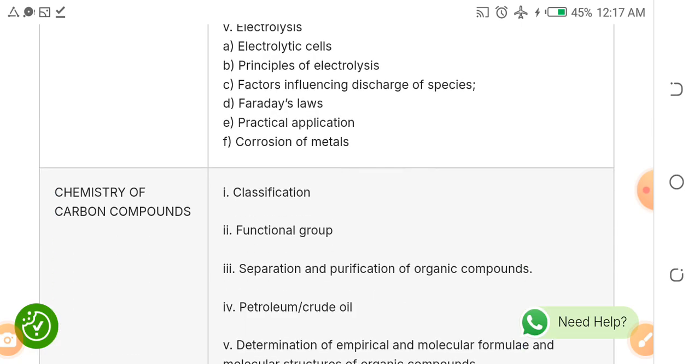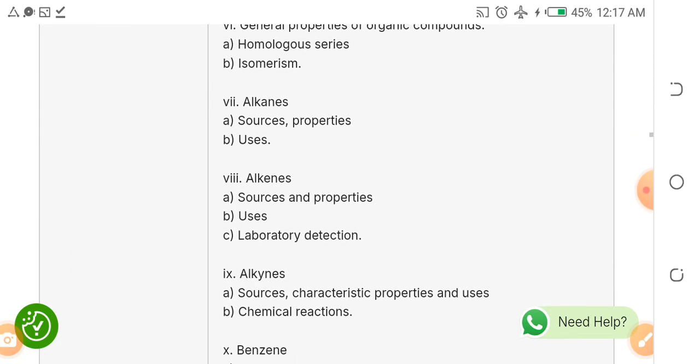Study things like chemistry of carbon compounds.